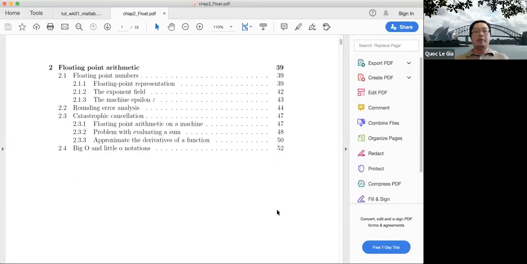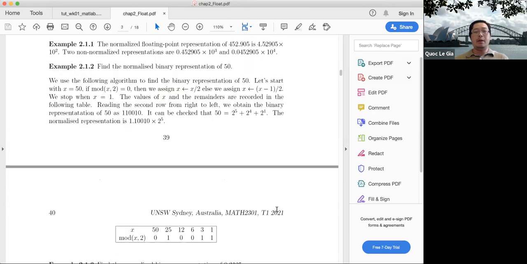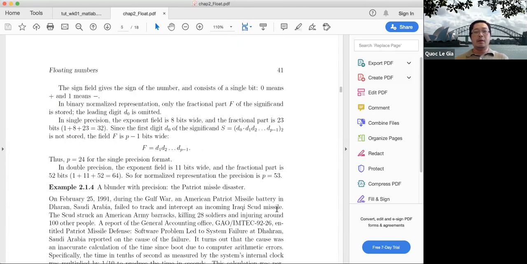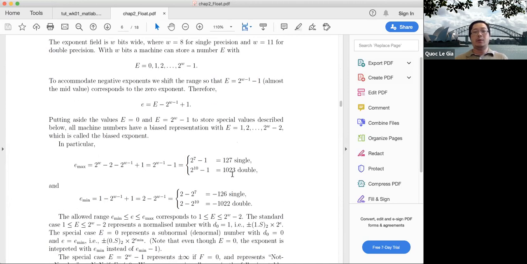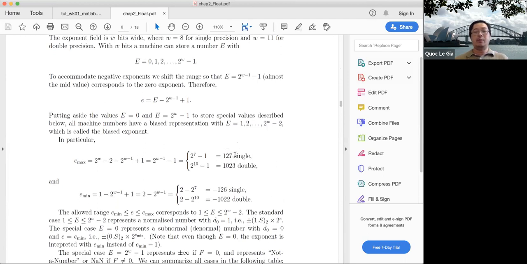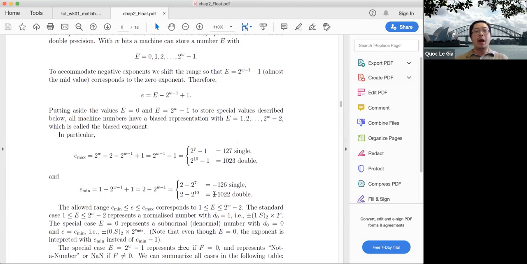You see that E min and E max are given by the IEEE to be these values. We use double precision; nobody uses single precision anymore, it is only still there for historical reasons. The E max is 1023, and the E min is minus 1022.